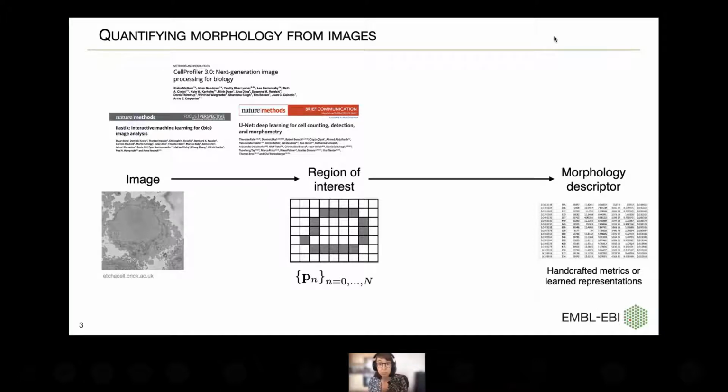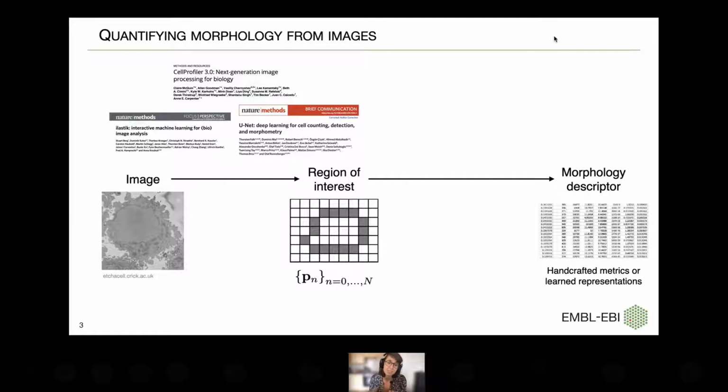And then from this, what we can do is to actually describe the morphology by building a descriptor that will be a collection of numbers. And these numbers can range all the way from very simple handcrafted metrics, such as the size of the object in terms of its area, perimeter, these sorts of things, to more complicated and maybe less interpretable ones that we obtain, for instance, with machine learning. So that's what the general process looks like.